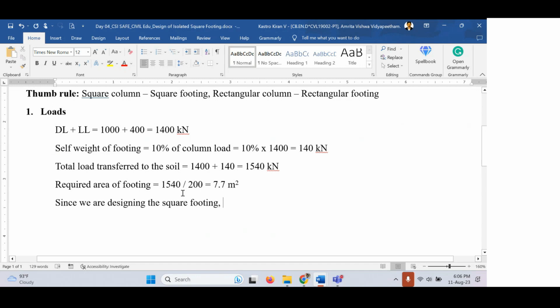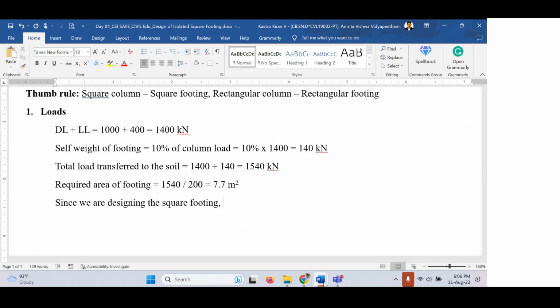What is x? The distance from all the sides of the column should remain the same so that uniform pressure distribution will happen. But here it's a square column, so the square column will have the same distance on all sides. So we don't need to look after the factor called projection, that is the x value.